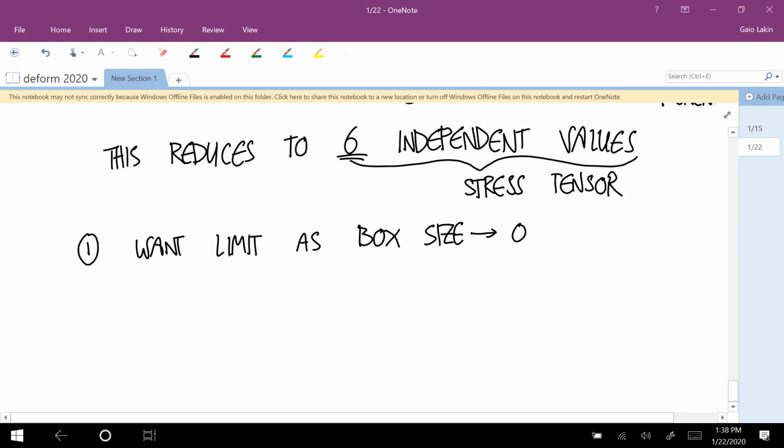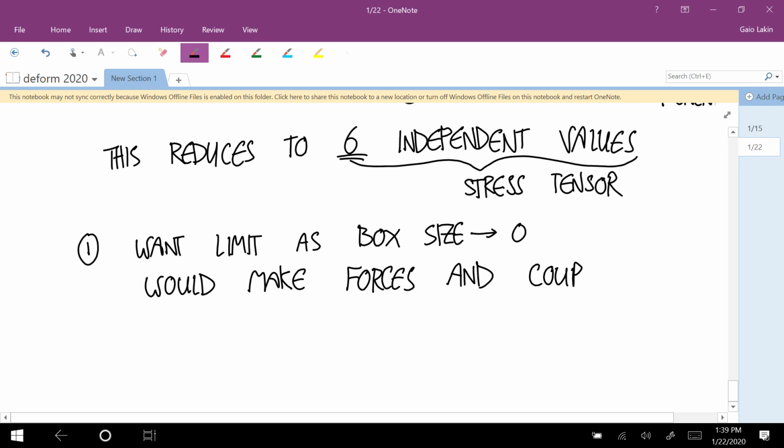Well, that would make the forces and the couples go to 0 too. So instead of thinking of forces and couples, let's think about force per unit area and couple per unit area.